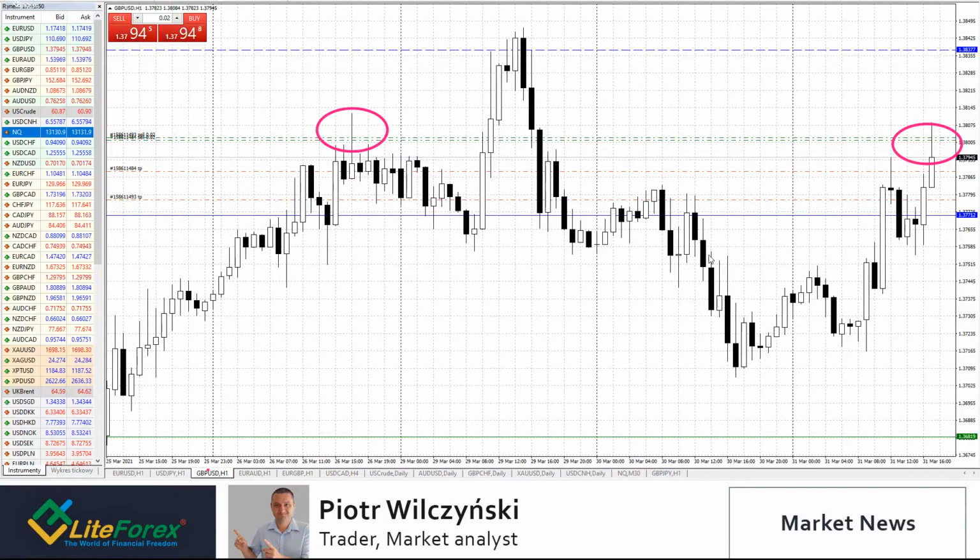I'm looking for at least a retest of this weakness over here down towards 37.75, 37.70 on the cable, just short term, just to see if the market is going to be able to push a little bit lower.